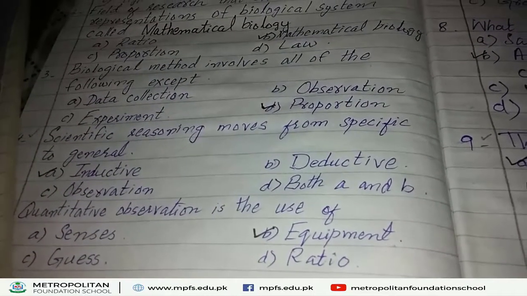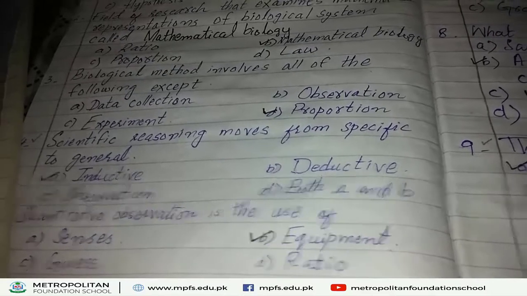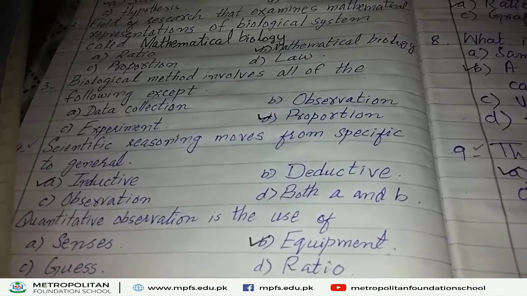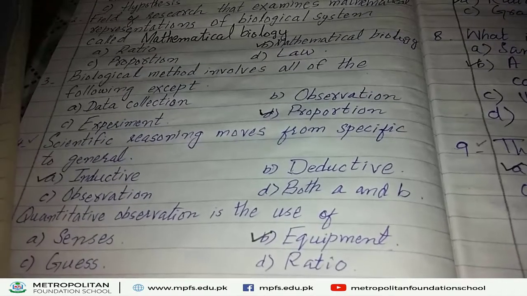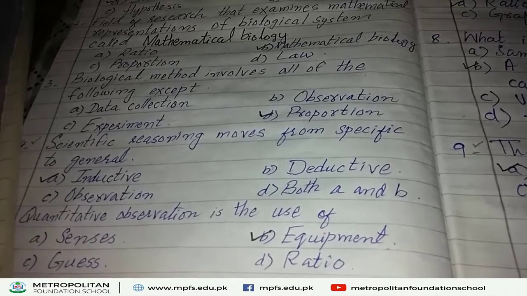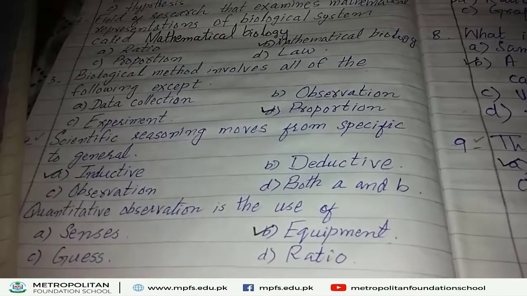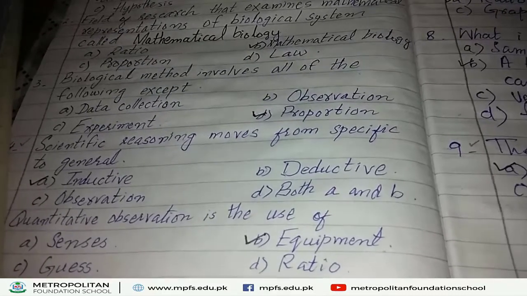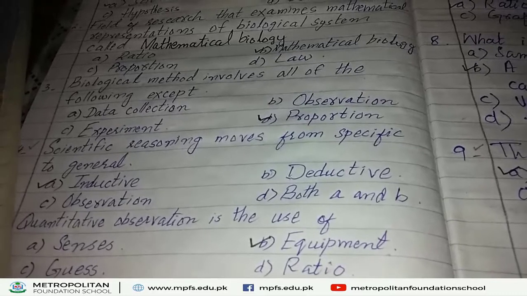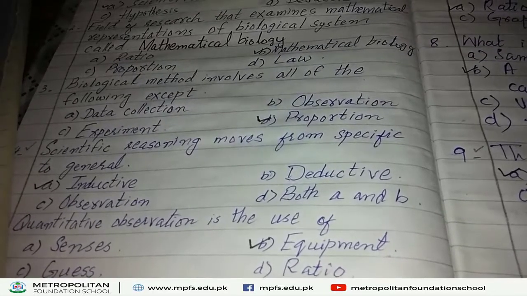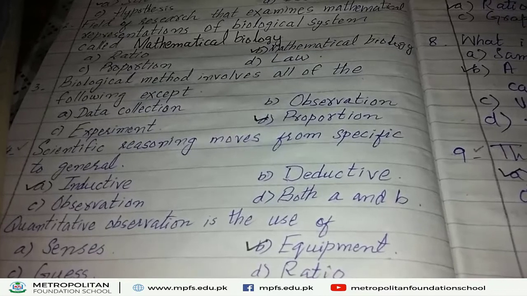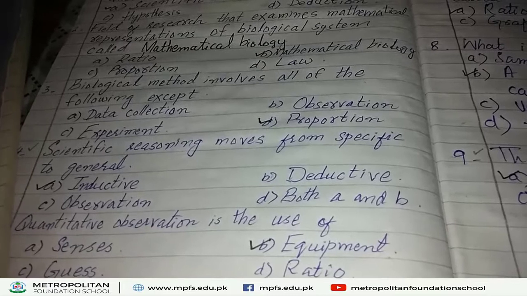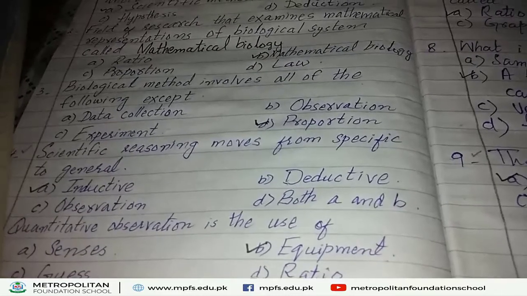Quantitative observation is the use of option A, senses, option B, equipment, option C, guess, and option D, ratio. First of all, we discuss here what do you mean by quantitative observation. Quantitative observation means we find out different values. For example, you conduct your practical in your science lab. You find out different observations in different practicals.